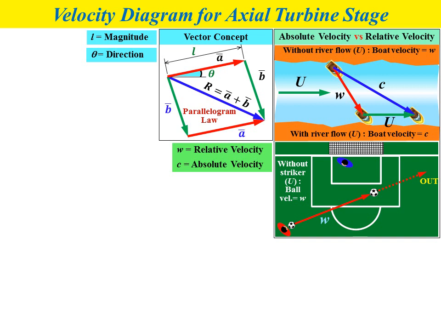Now if we consider the involvement of another striker, when this striker hits the ball with speed U, the ball will go in another direction, because we now consider the speed of the striker hitting the ball.